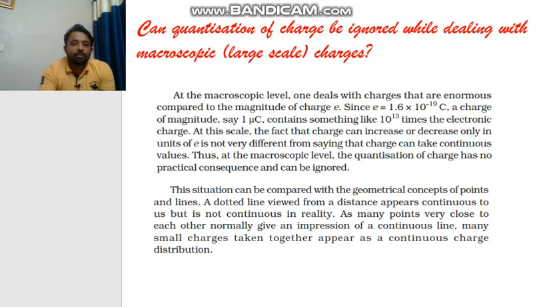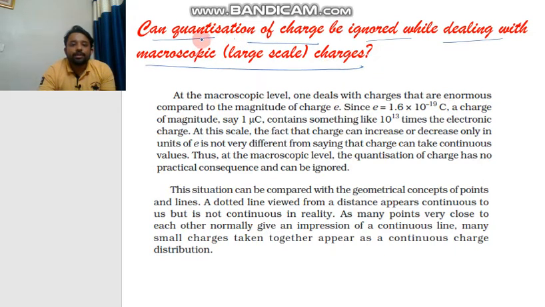Now there is a very important question. Can quantization of charge be ignored while dealing with macroscopic charges? In other words, is the concept of quantization of charge valid everywhere, or is it useful everywhere, or is it important everywhere?